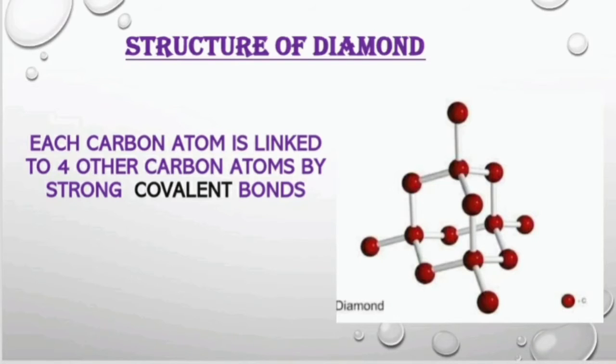As you see in the figure, the red atom shows that is carbon atom. And here, each carbon atom is linked to 4 other carbon atoms by strong covalent bonds. In the figure, we can see that each carbon atom is bonded to 4 other carbon atoms.